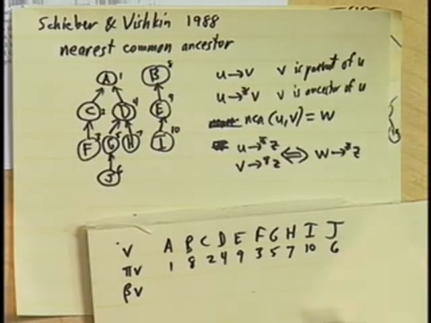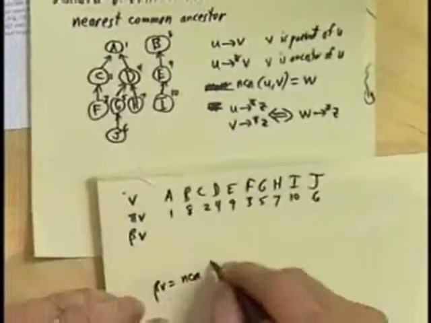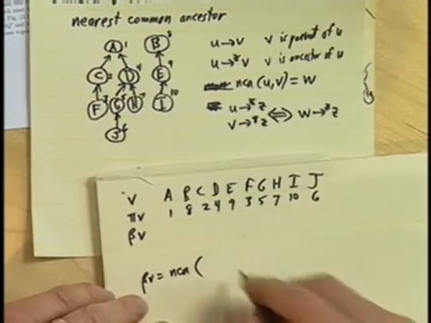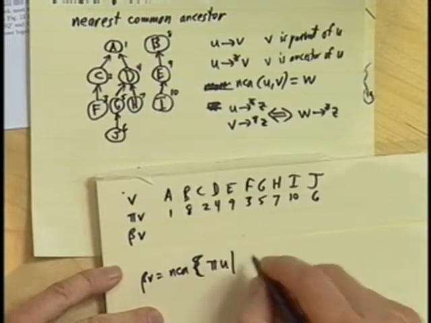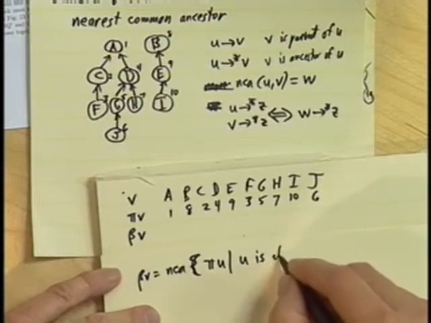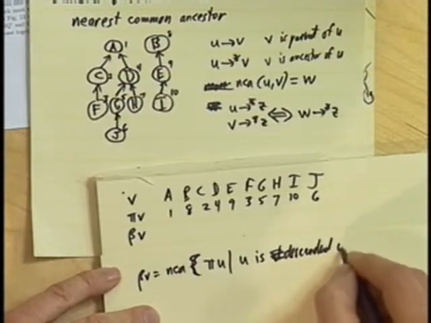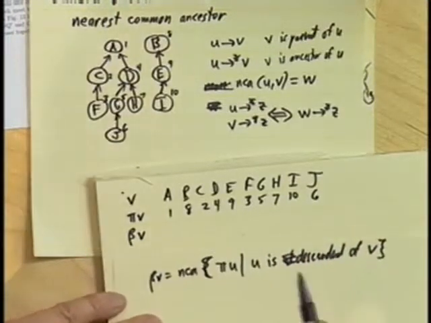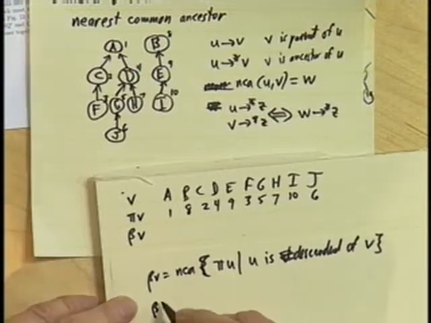I say beta of V is the nearest common ancestor of all of the following set: pi of u, where u is a child or a descendant of V, not ancestor but descendant.